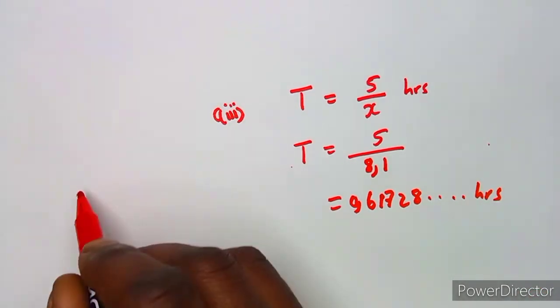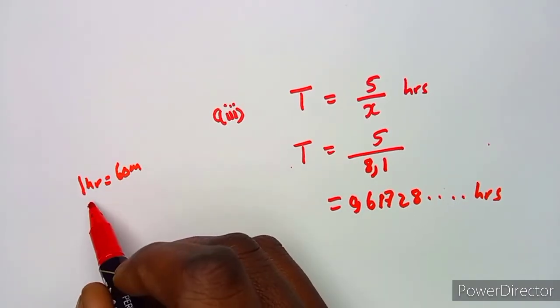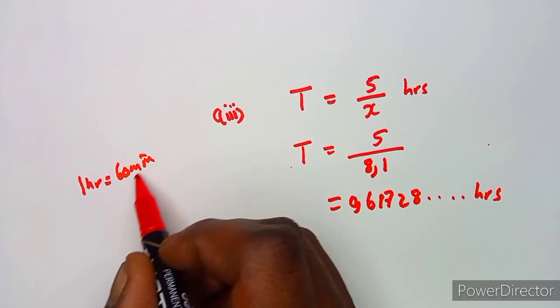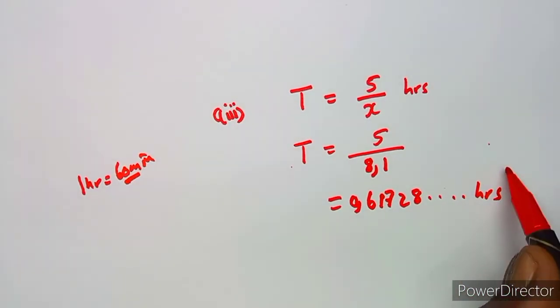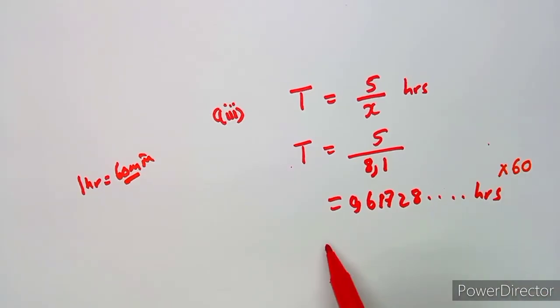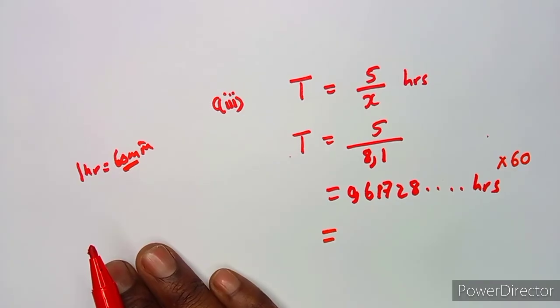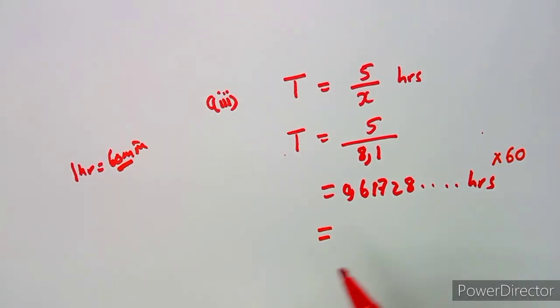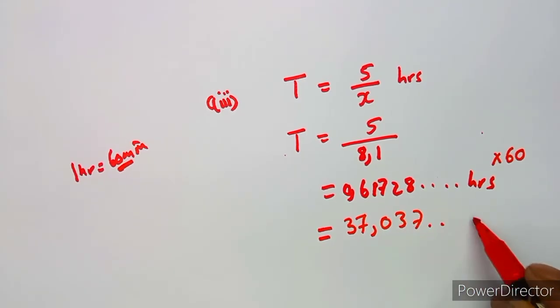And remember, we said in an hour we have got 60 minutes. Okay, in an hour. So if it is 60 minutes, what about in 0, whatever that we have here? We are going to multiply by 60 so that our time will be in minutes. So if we multiply by 60, we are going to obtain something like 37.037, something like that, which is now in minutes.